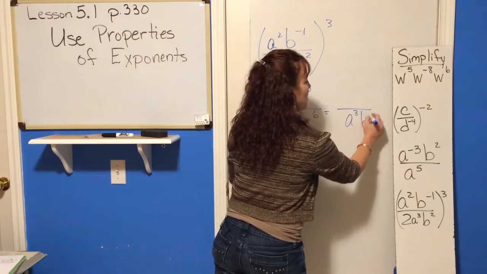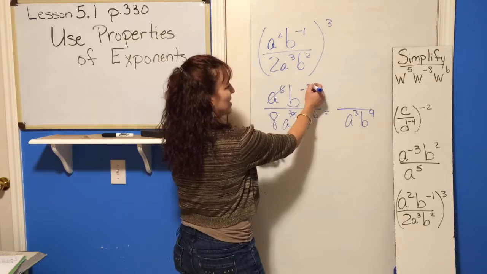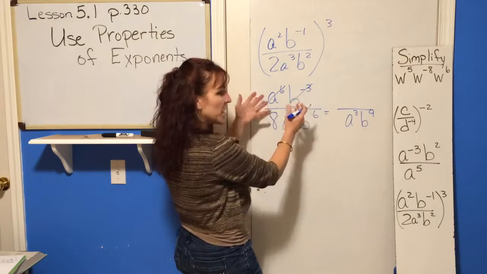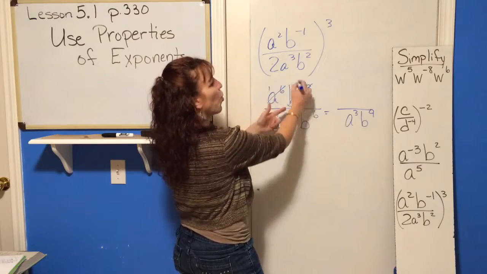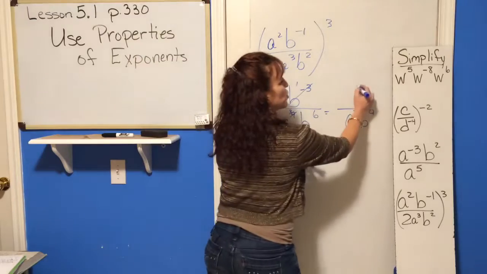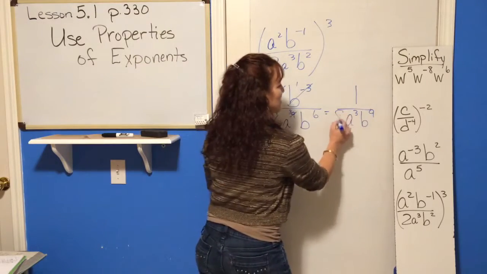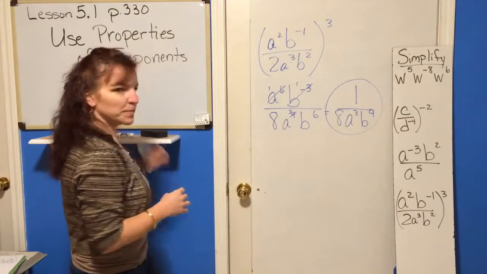So you've got b to the 9th. And now because we brought this down, there's nothing left on top. And you know that if there's nothing there, what actually happened is we reduced it to 1. We didn't subtract it, we divided it. So we reduced it to just 1, and this 8 is still in the denominator. So this is your final answer for that problem.